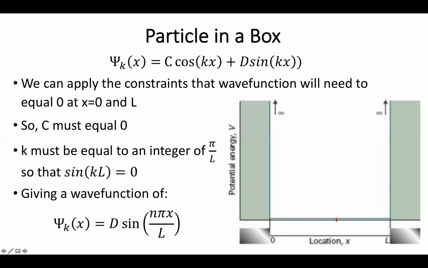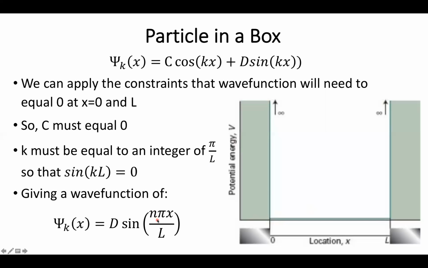So psi would equal 0 at all points. Well, that's not exactly realistic, because if psi is equal to 0, that means I don't have a particle anywhere. So n equals 0 is impossible, but as long as it's an integer value of 1 or greater, this wave function should work.